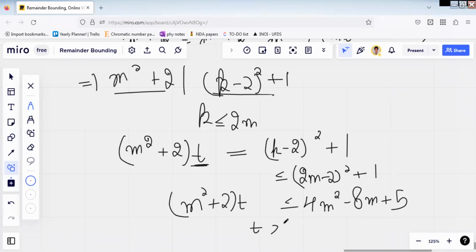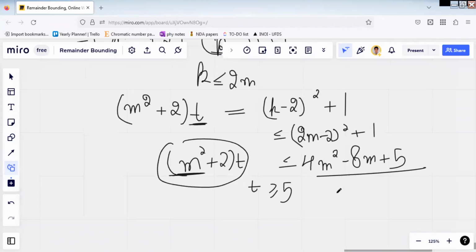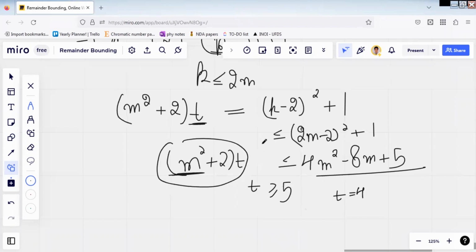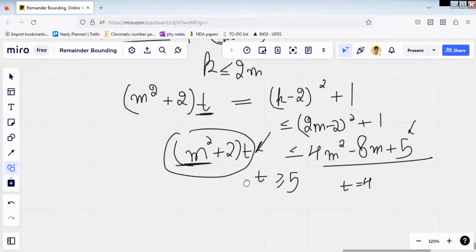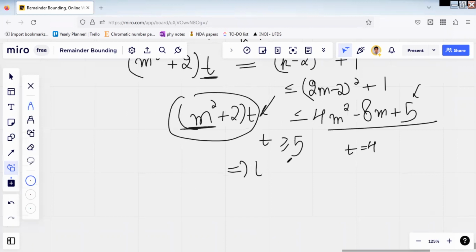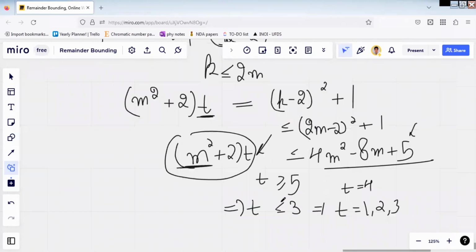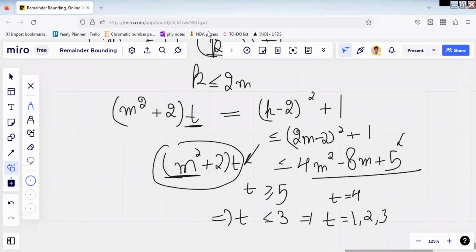So now, if t is greater than or equal to 5, then you'll have a 5m squared thing here, and this thing is less than 4m squared. So this thing will be greater than this thing, which is not good. Similarly, if you check for t equals 4, this thing will be larger than this thing. This means that t should be at most 3, which reduces a lot of work, right? Now you only have to check for t equals 1, 2, and 3. Is this step clear?